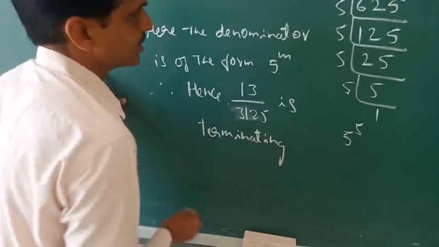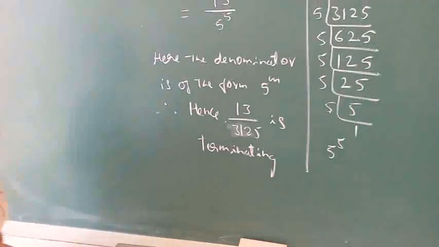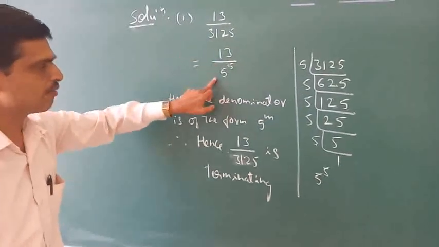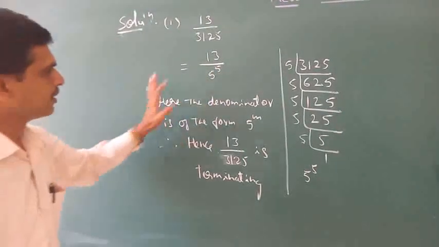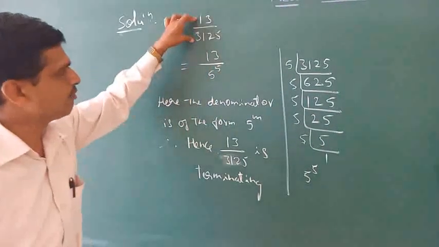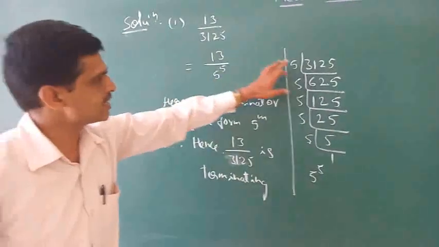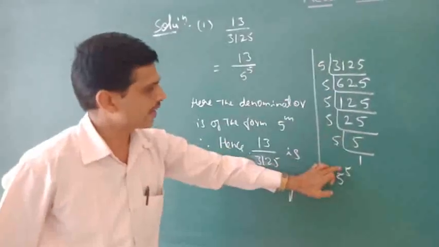So this is our solution. Go through it, very simple. Consider p by q, the number 13 divided by 5 to the power of 5. Here first observe carefully and factorize, whether it is the numerator or the denominator. Here the denominator contains a composite number, that is why I factorized it.